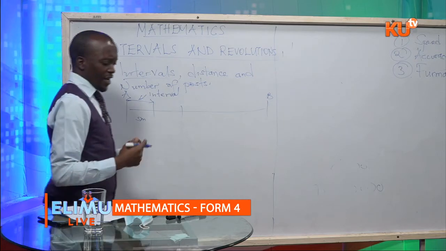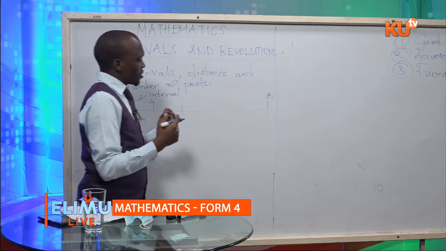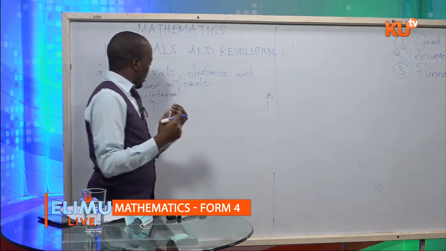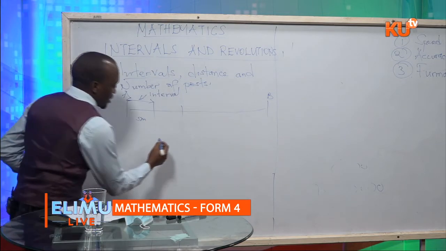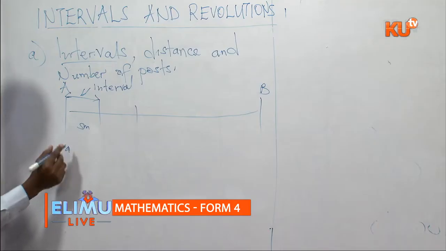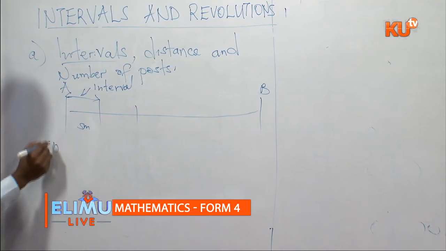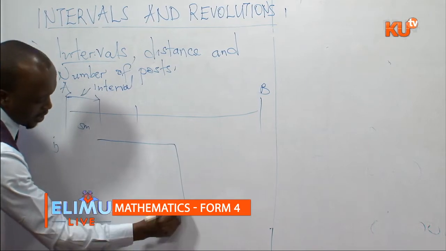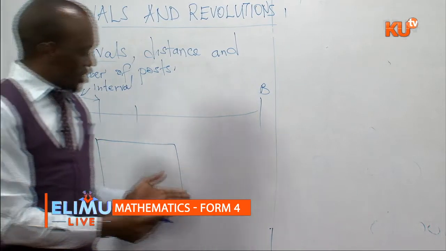We want to look at how to get the number of posts that can be used when fencing an enclosed area. Let me give it Roman 1. An enclosed area is an area that is totally sealed, like this one.